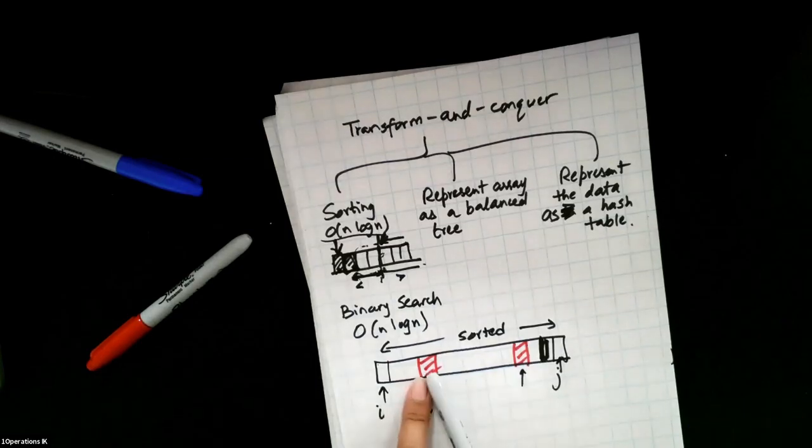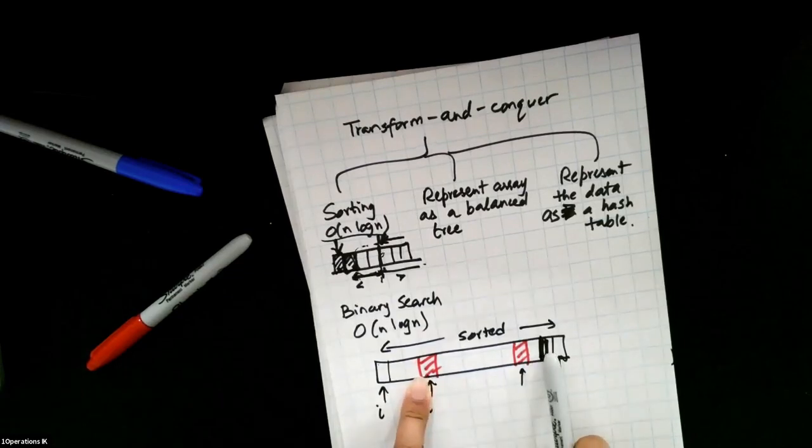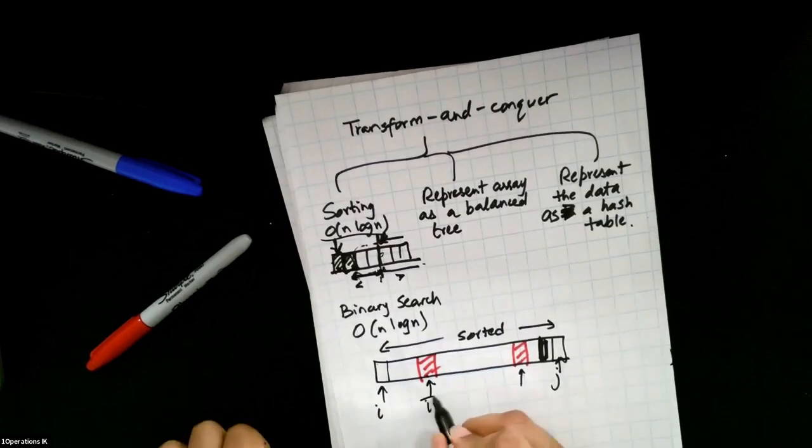Higher than the target, because these two numbers add up to the target, right? We are assuming this solution exists. So this plus this should be more than the target. And what do we do when they add up to something more than the target? We decrement the J pointer, we move it to the left. So we'll keep moving it to the left until the J pointer reaches here. And at that point, we will discover this pair of numbers which adds up to the target.